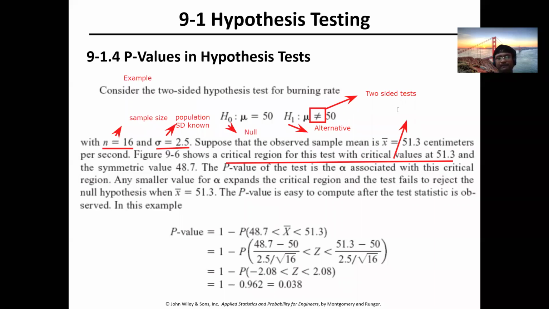The critical region C: X bar greater than 51.3 implies H0 is rejected. Because I have already demonstrated that the critical region is that region in which the null hypothesis H0 is rejected. So this is the meaning of critical region.